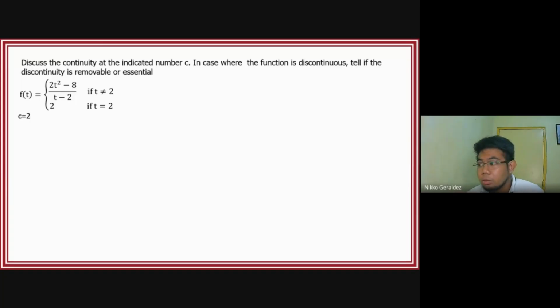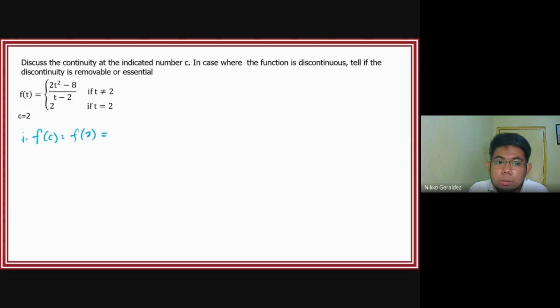O, next example. f of t is equal to 2t squared minus 8 over t minus 2 if t is not equal to 2. Then, f of t is equal to 2 if t is equal to 2. So, c natin dyan is 2. First condition, f of c, that is f of 2. What is f of 2?